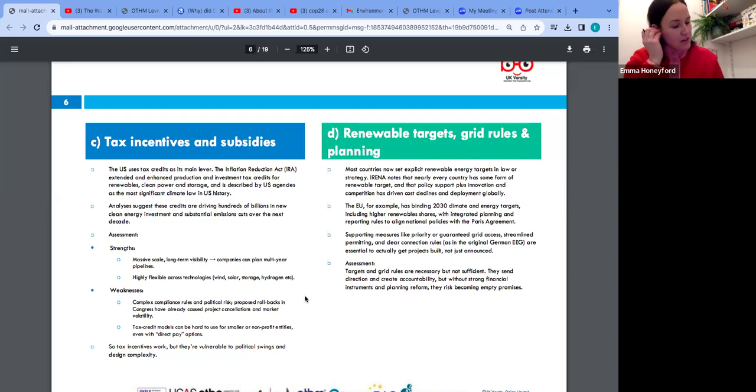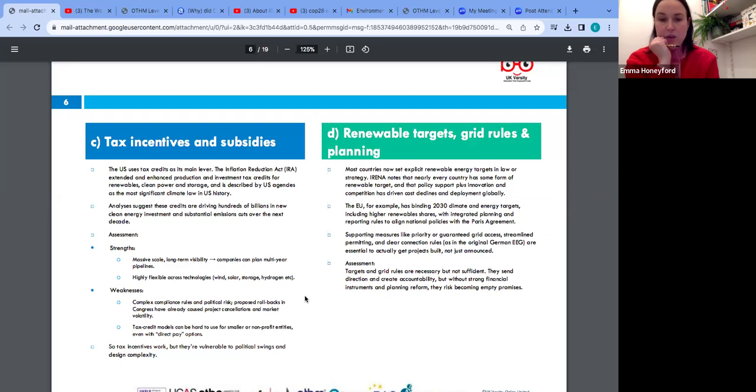So it's basically a platform for international cooperation, and it supports countries in their energy transition. IRENA notes that nearly every country has some form of renewable target, and that policy support plus innovation and competition has driven cost declines and deployment globally.